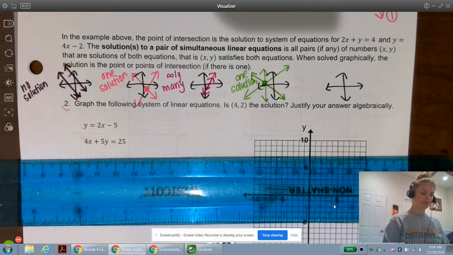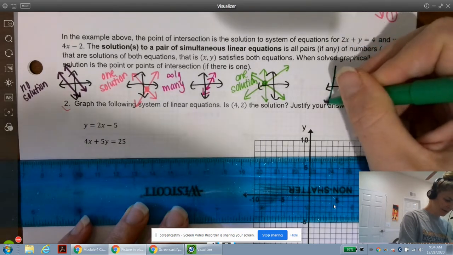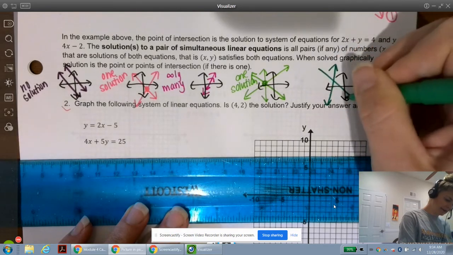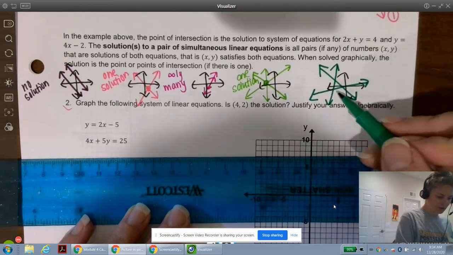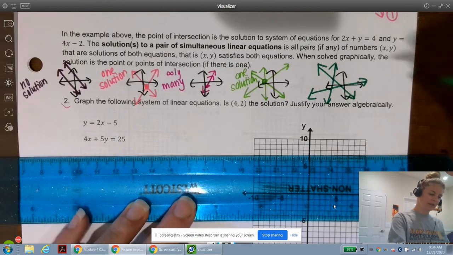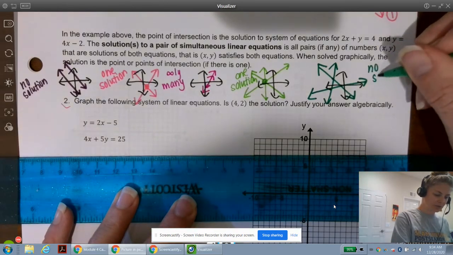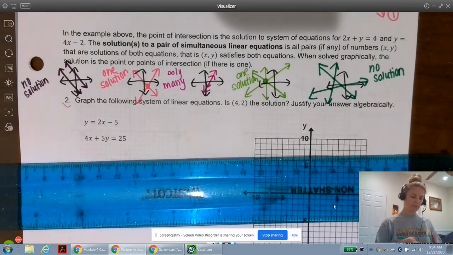However, if we have 3 lines and they don't all intersect at one spot, let's say it goes like this, and like this, and like this, there's no one point that intersects all 3 lines. So this would be considered no solution, because remember, it has to be one point on all 3 lines simultaneously.